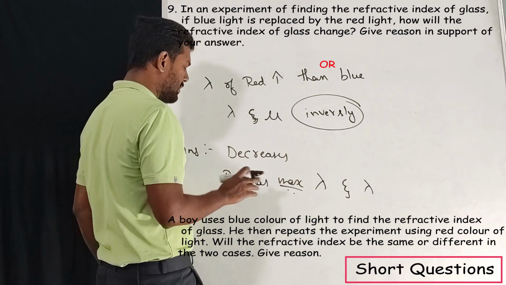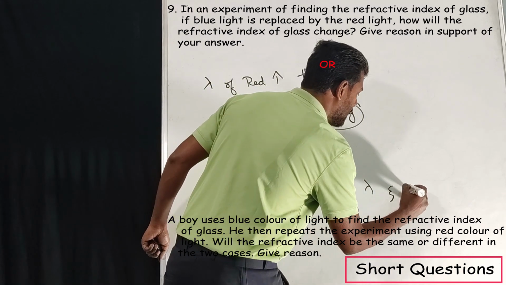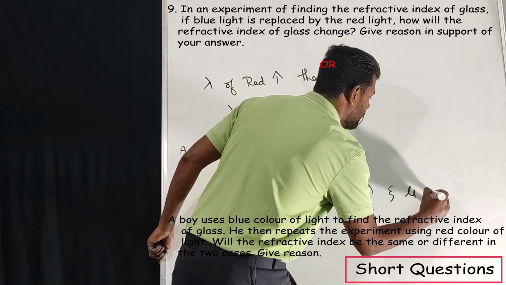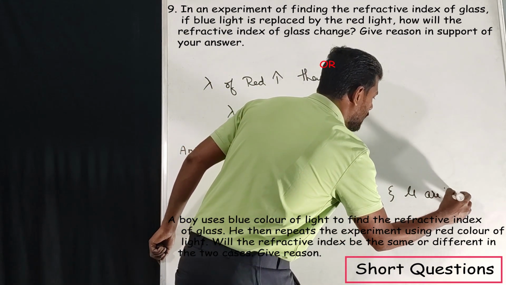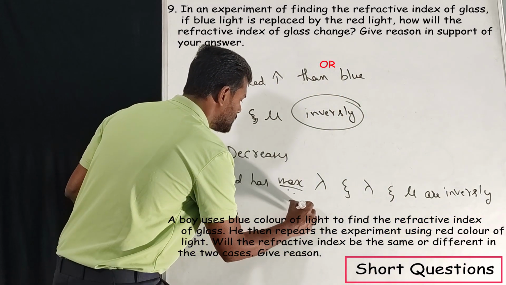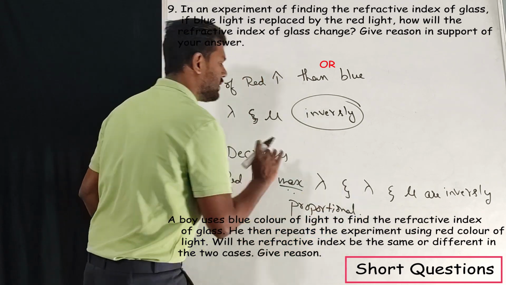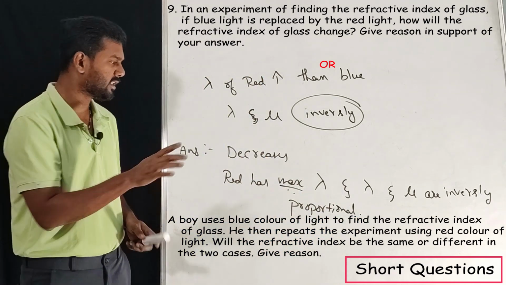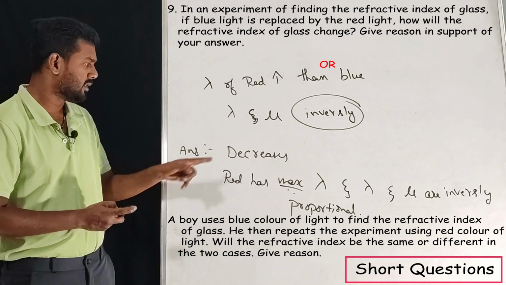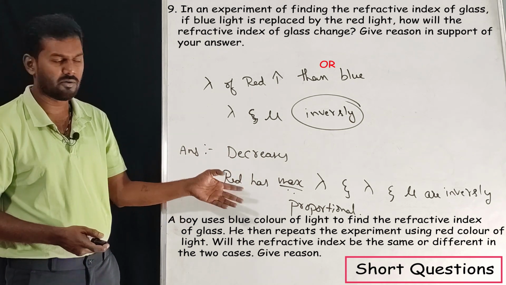Red has maximum wavelength and wavelength and refractive index are inversely proportional. That's it. If you write this much you will get full marks. This question is for 2 marks, the decrease and also the reason.